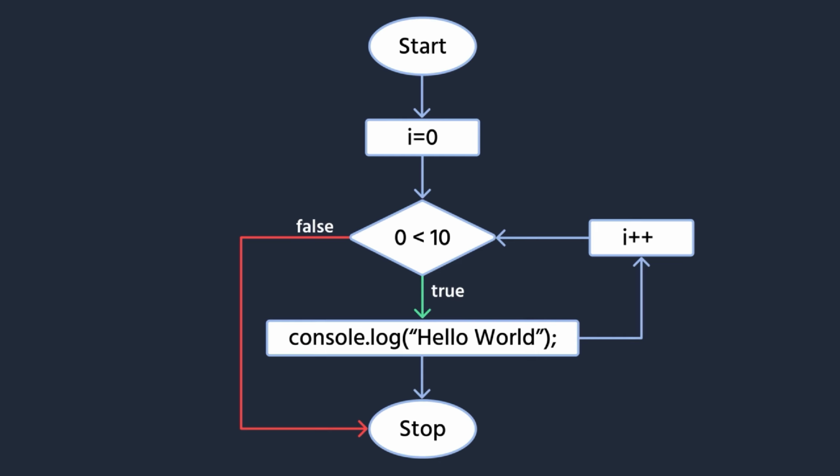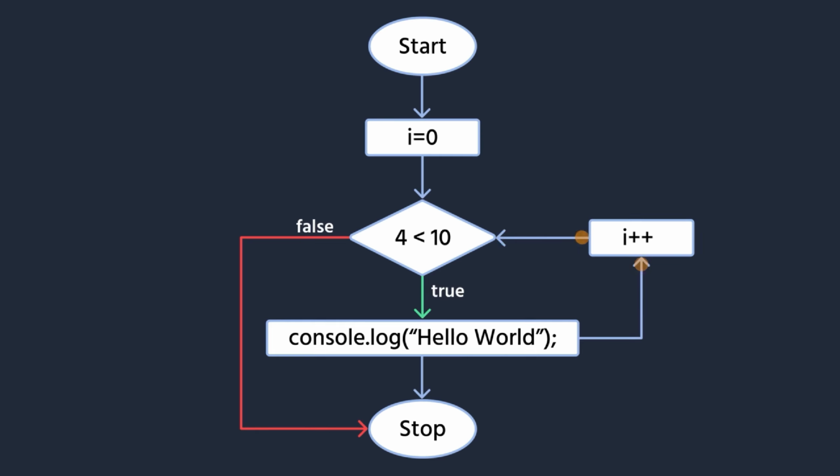If I is less than 10, then it basically executes the code block, and after executing the code block, it increments the value of I by 1. So the new value of I now would be 1. It then goes back into checking the condition. If the condition is still true, it's going to execute the code block once again, and it's going to increment the value of I once again.